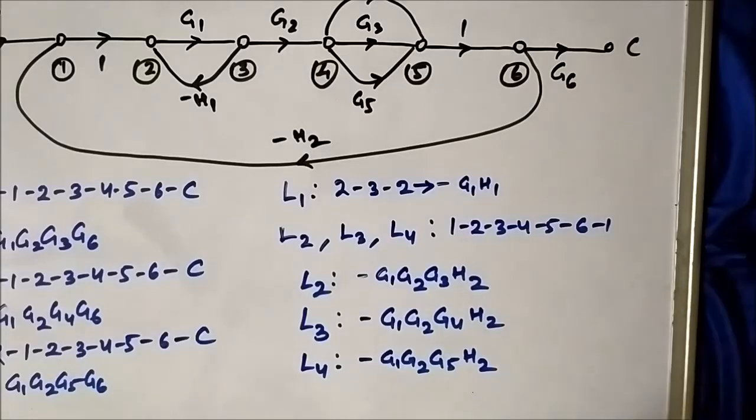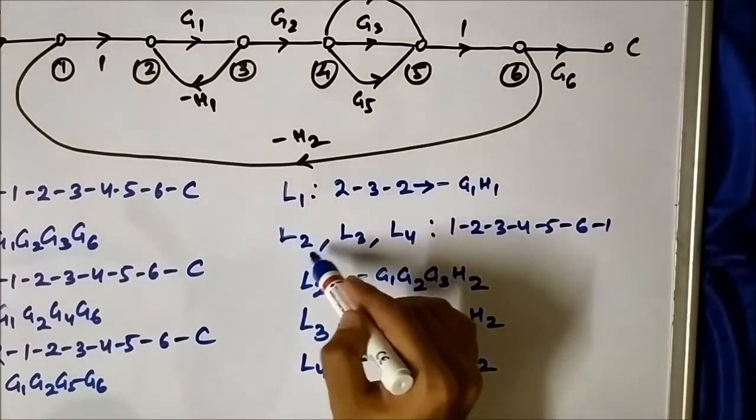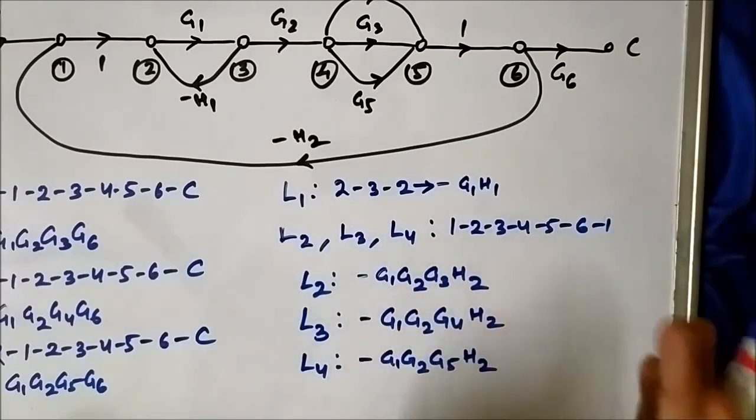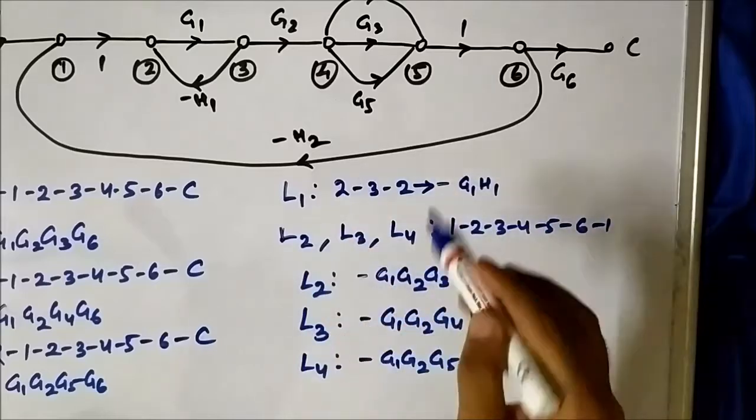Two loops are said to be non-touching if they have no common nodes between them. But if they have at least one node in common, then they are said to be touching. So here the nodal representations of L2, L3 and L4 are the same, so it is very easy and quick to compare the 4 loops altogether.